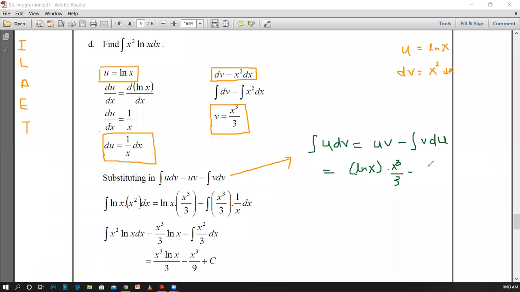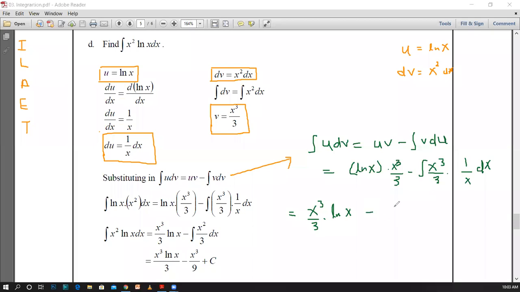Then minus the integral of v du, where v is x cubed divided by 3 and du is 1 over x. Once you do the calculation, x cubed divided by 3 times ln x would be the first term.